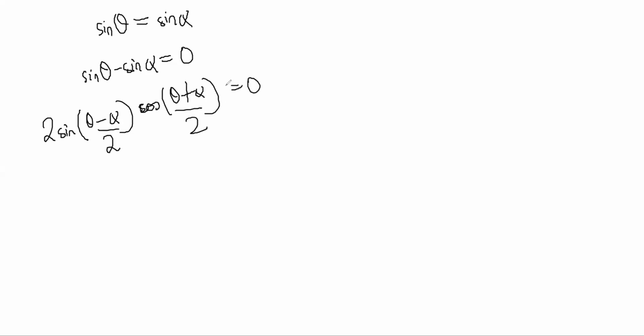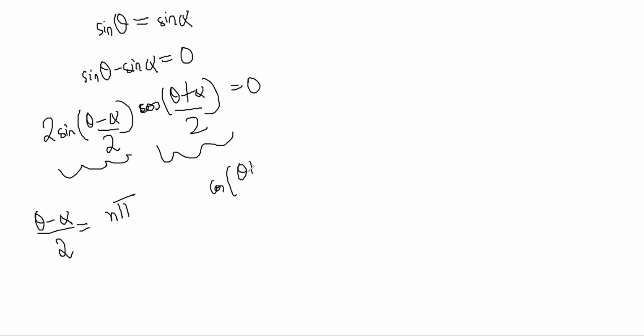So this will be 0 if either this is 0 or this is 0, right? Theta minus alpha by 2 could be a multiple of pi for sine to be 0. Any multiple of pi, including zero, will fit. And for this one, cos to be 0, it should be an odd multiple of pi by 2.